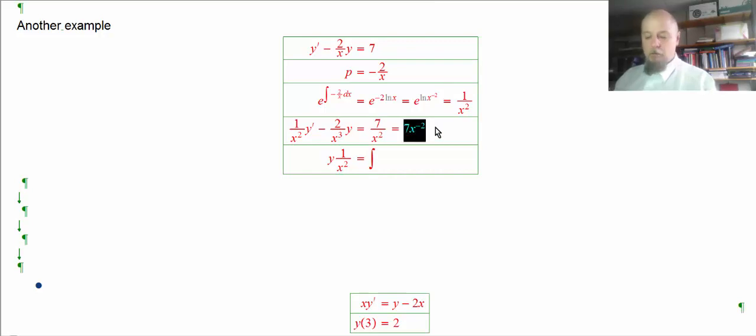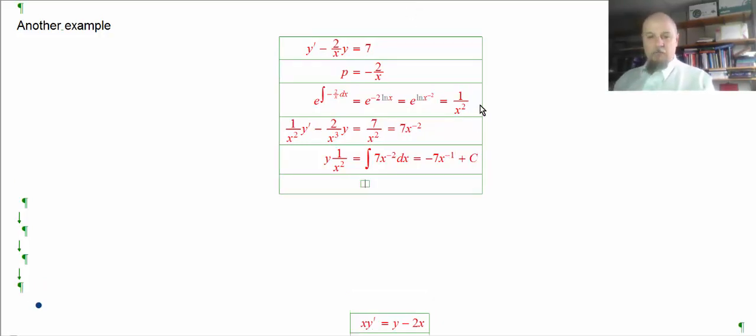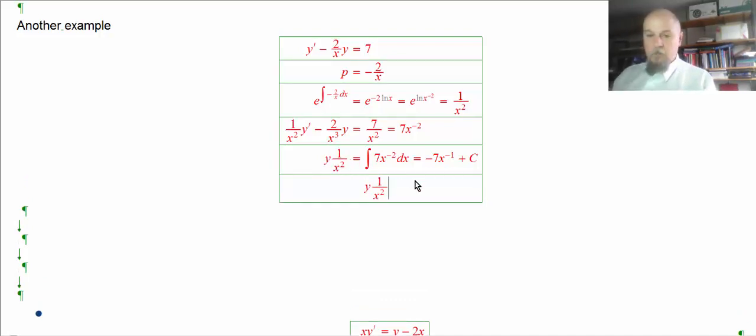Integrate. That's going to be a straight add 1 to the exponent, divide by what's up top. At this stage, I put my plus c, and now I've got my implicit solution.